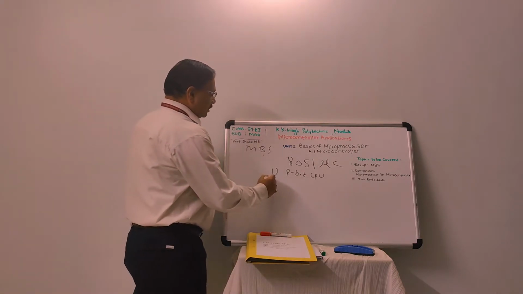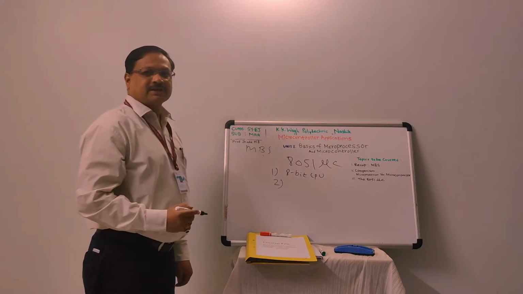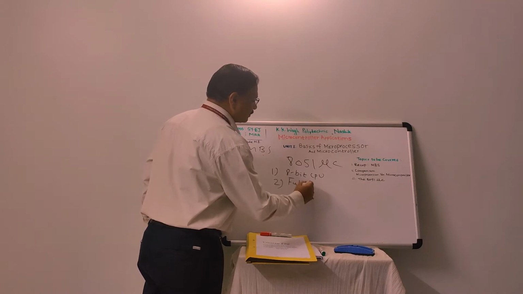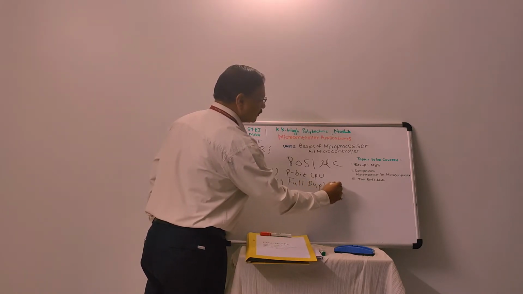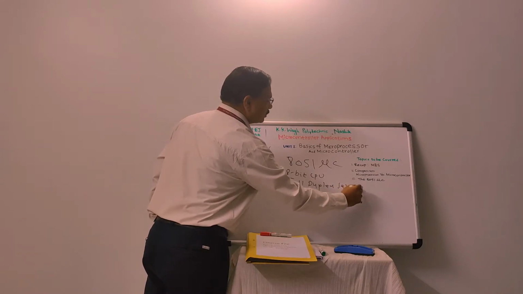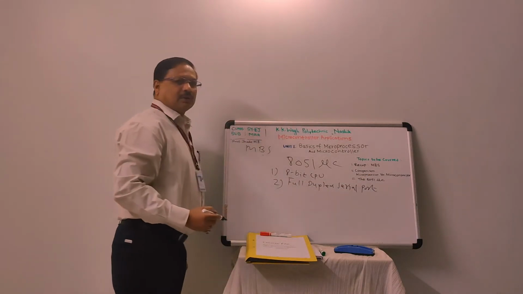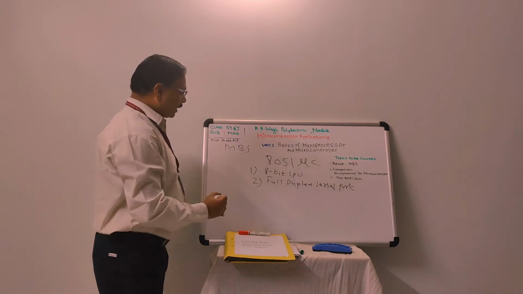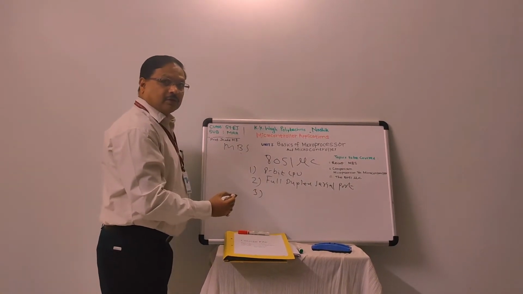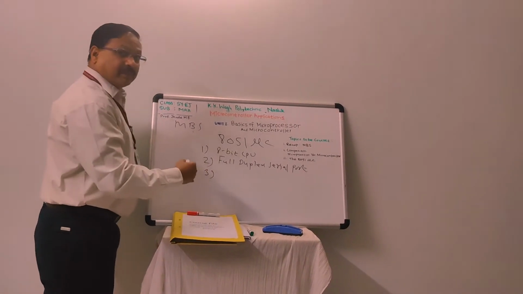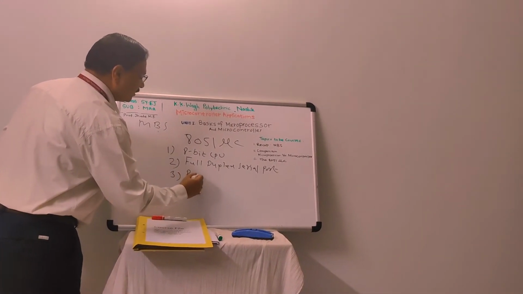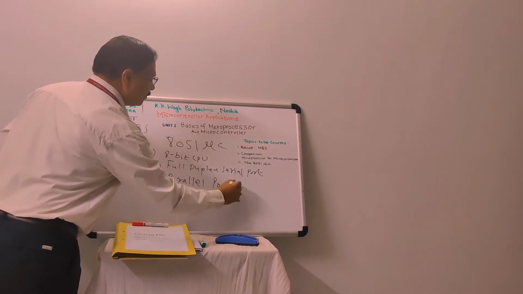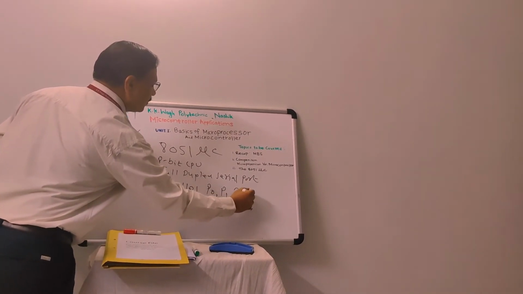Then the second feature, it has one full duplex serial port available on chip. For parallel data transfer, you will find the 8051 microcontroller has 4 parallel ports available on chip, namely P0, P1, P2 and P3.